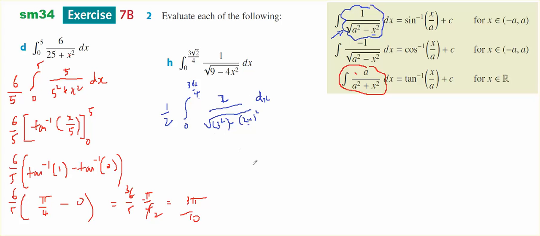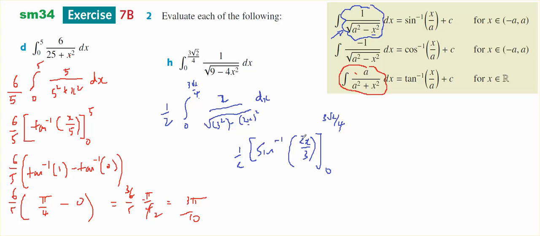Therefore I need a half out the front. So I've got a half. I'm going to have the inverse sine of 2x over 3 from 0 to 3 root 2 on 4.